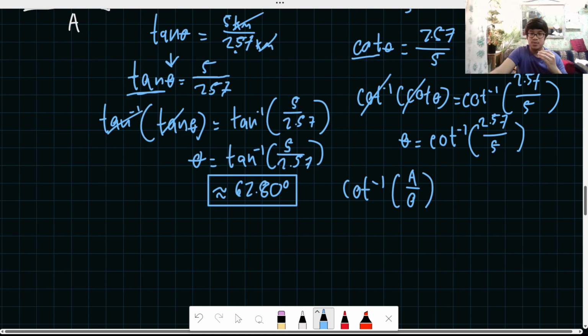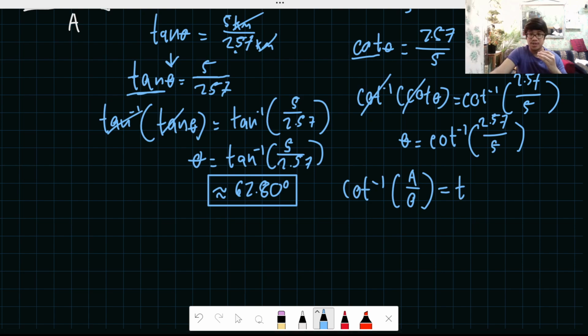So here, we can use its equivalent, which is arc tangent of 1 all over adjacent all over opposite.